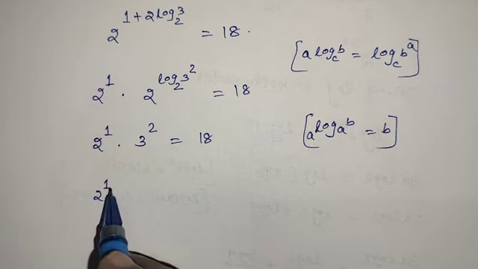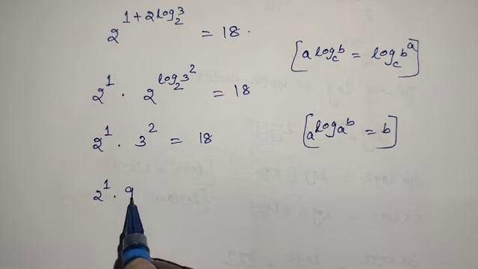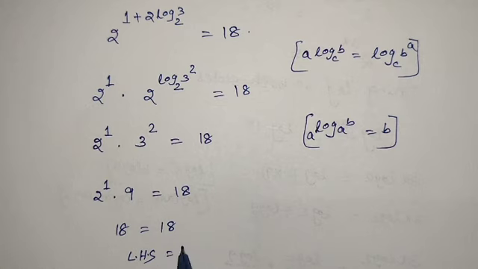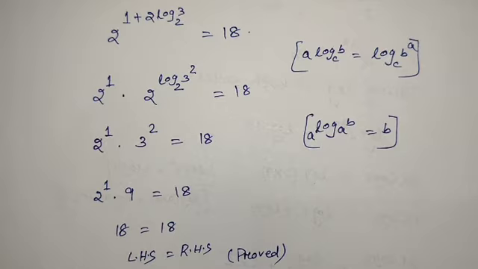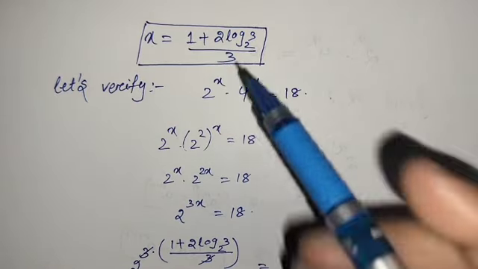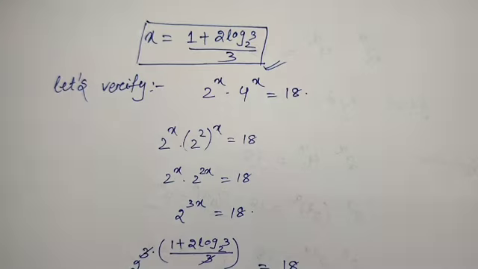Then 2 to the power 1 into 3 to the power 2, which is 9, is equal to 18. 9 into 2, 18 is equal to 18. Both LHS is equal to RHS. We proved. Then the value of x is correct. Yes, the value of x is correct.